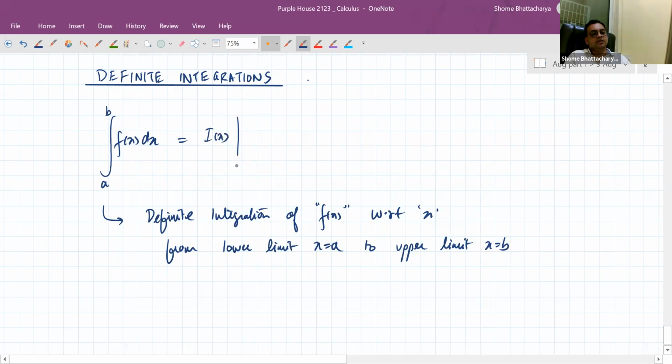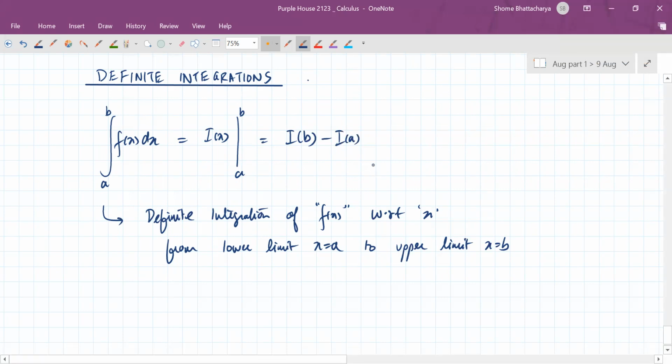First, we conduct the indefinite integration. And then in the antiderivative, we put the value of the upper limit, minus the value of the antiderivative at the lower limit. Sir, I indicates antiderivative?